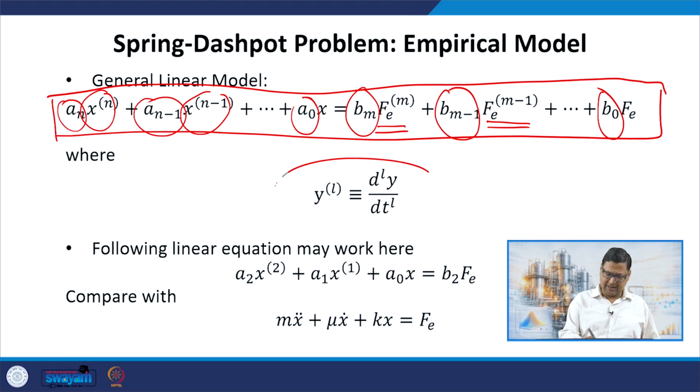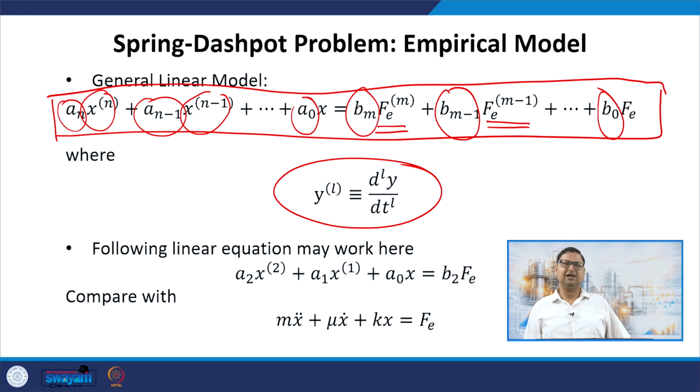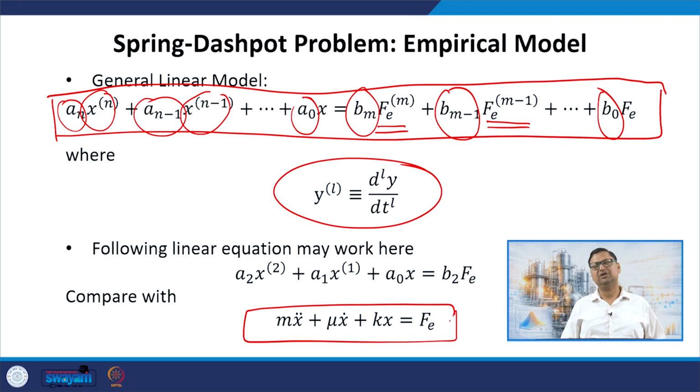So, in general, I am defining this y superscript bracket L as the lth derivative of any value of y with respect to time, right. So, now one can imagine doing an experiment of this sort and doing it for different parameters and trying out different linear models. In this case, we already have seen in the last class that this model that we got from Newton's law does work pretty well.